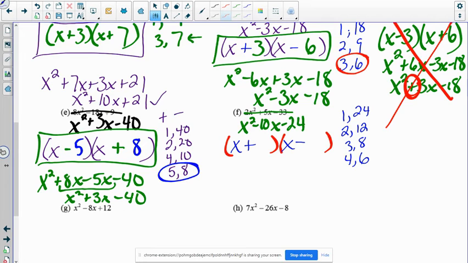And I want my factors, when I combine them, to give me a 10. This is where we get a little bit trickier, all right? Because I end up with 2 pairs that when I combine are going to give me the 10. All right, so I need to be very mindful about what happens in the middle when I'm checking.